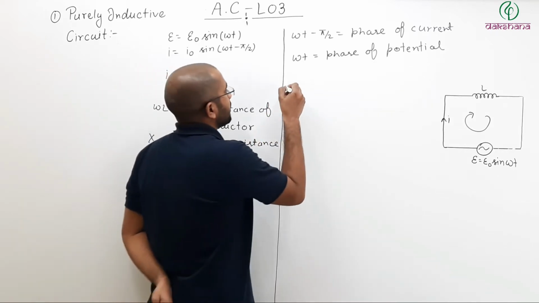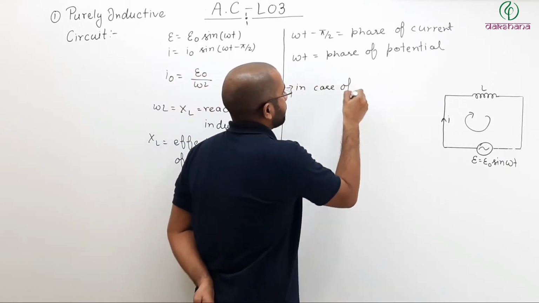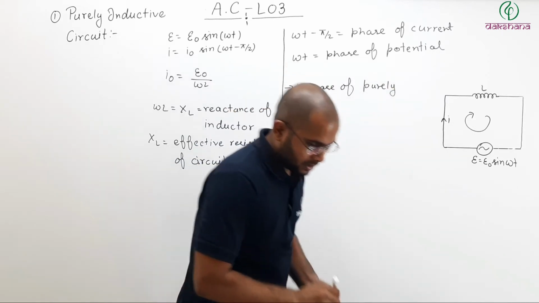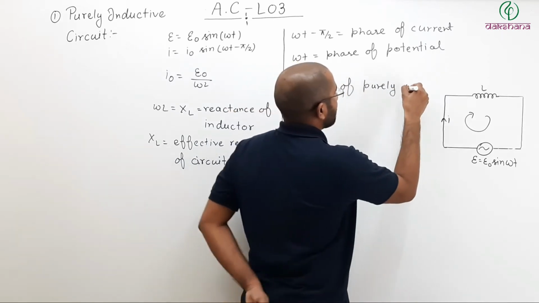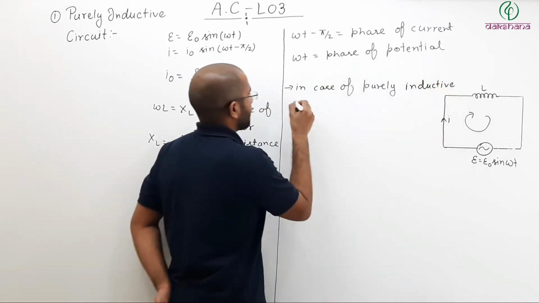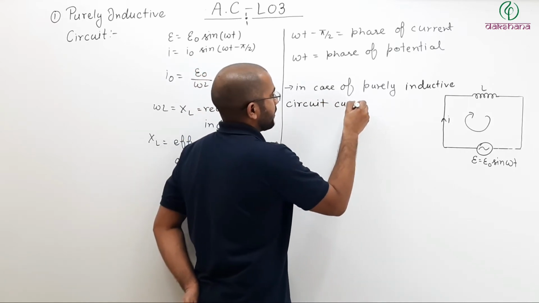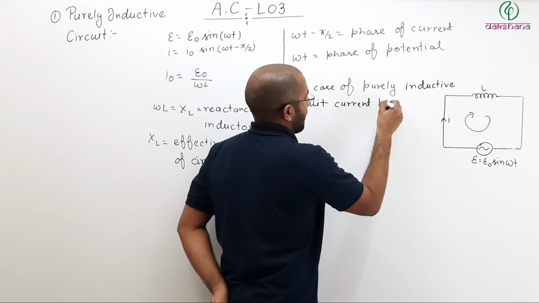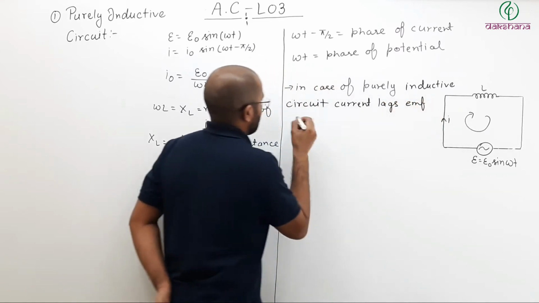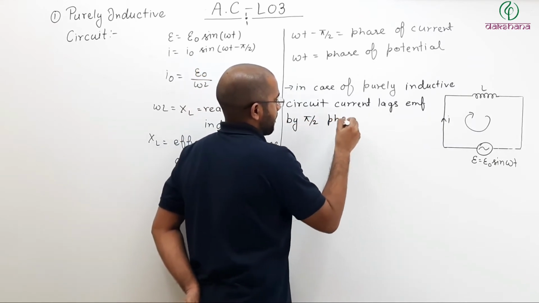So you will write: in case of a purely inductive circuit, current lags EMF by pi by 2 phase.